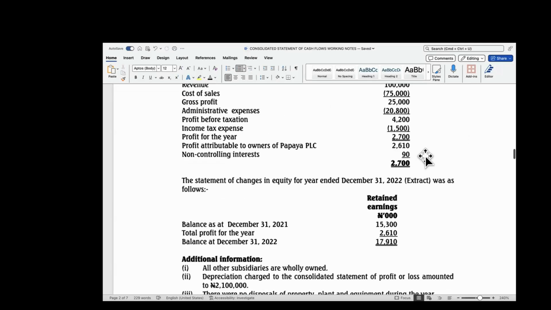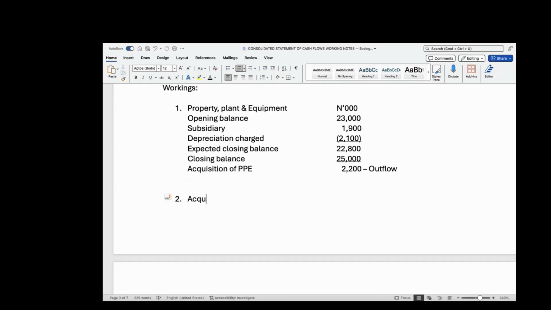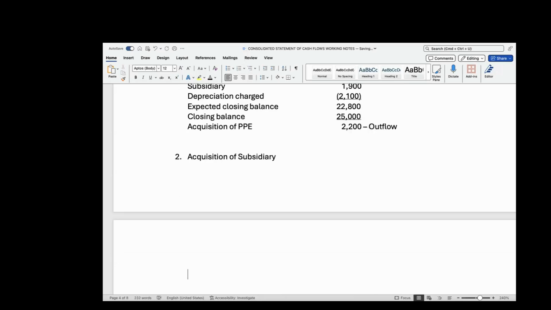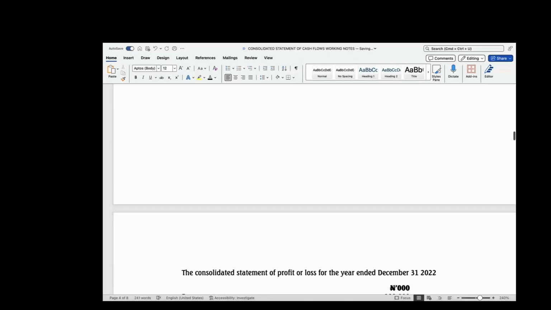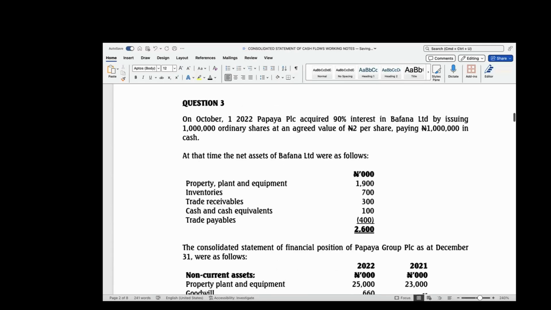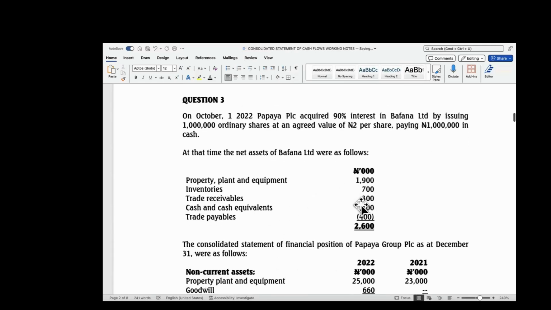So let me just do this. Acquisition of subsidiary. I'll just do my purchase consideration. We paid cash of 1 million, and cash and cash equivalents acquired. Because when we paid 1 million to somebody, part of what we acquired was also cash of 100.